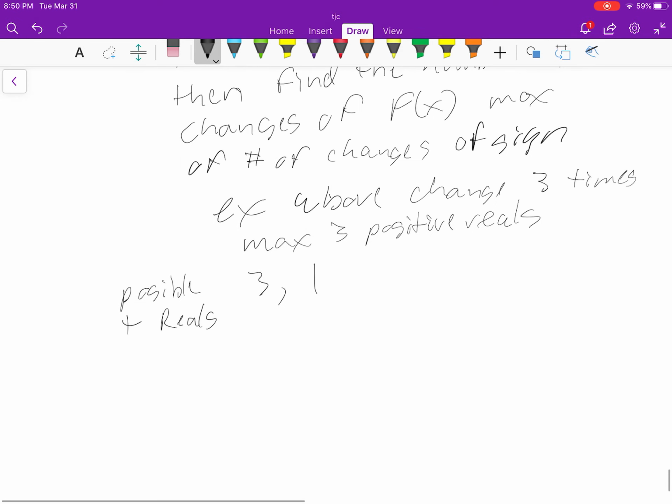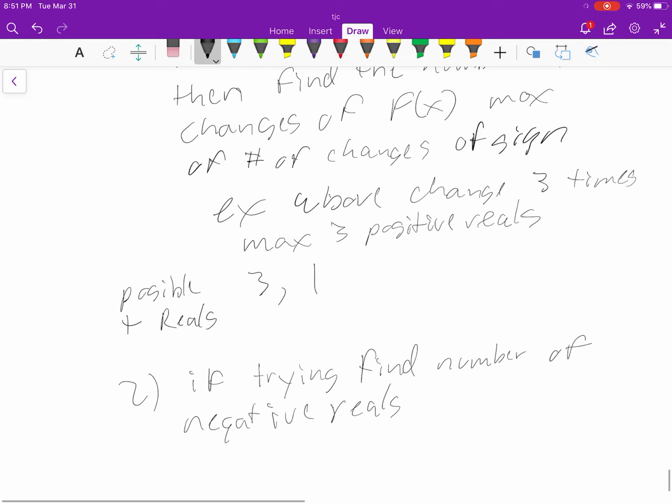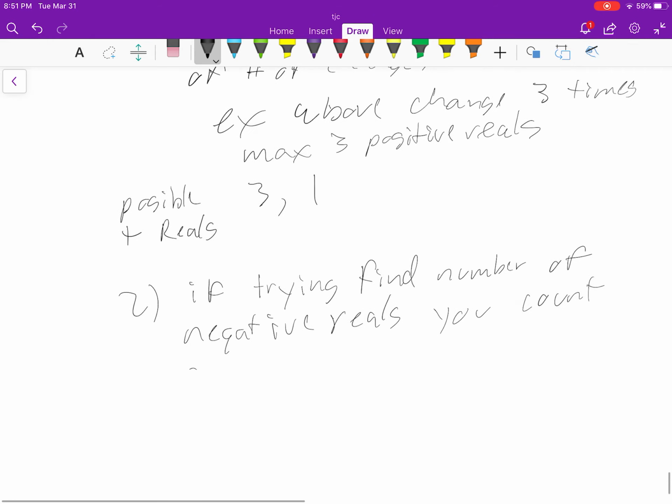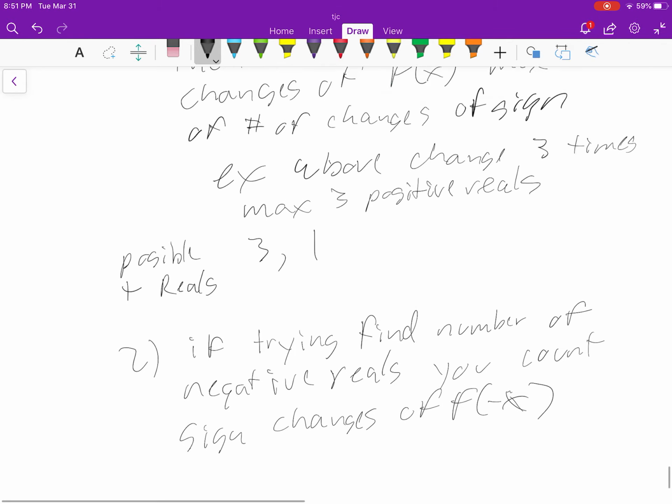Now, for negative reals, the rule states if you're trying to find the number of negative reals, you count the sign changes of f of negative x. So you're going to plug negative x into the function and figure out the sign changes.